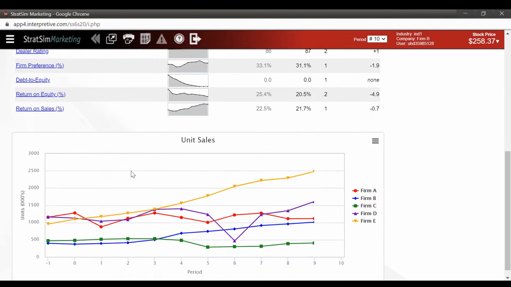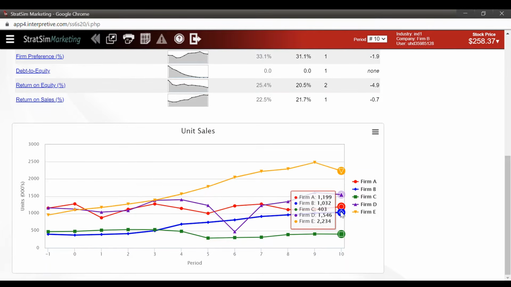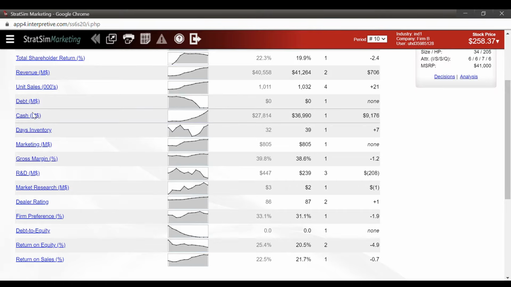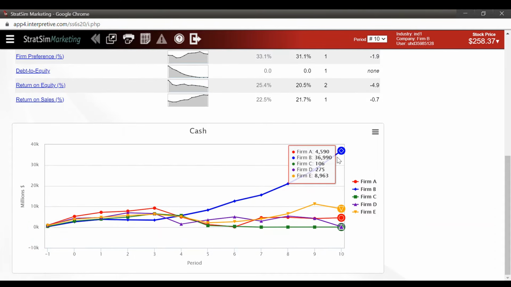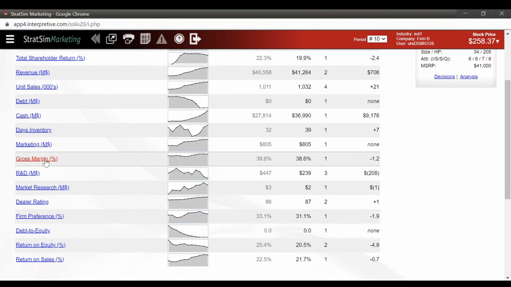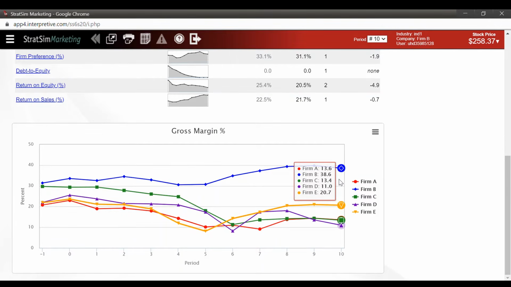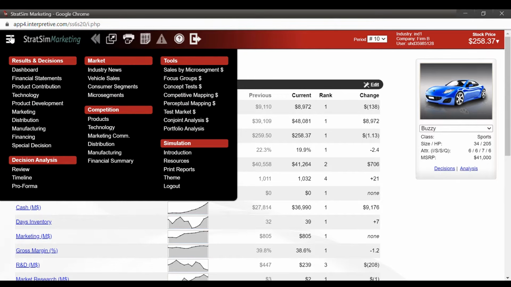Unit sales did fairly well, started with about 400 units, ended up selling over 1,000 in period 10. Cash, yeah, we were also number 1 with 36 billion. Gross margin 38.6 in period 10.